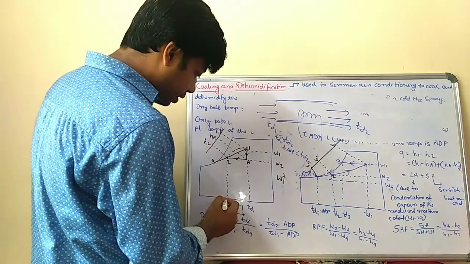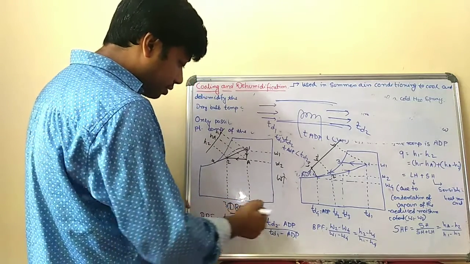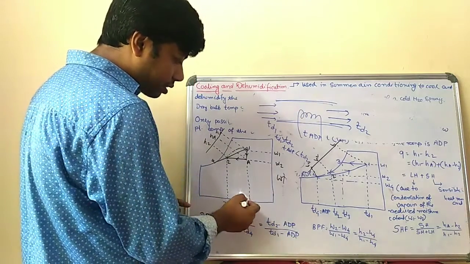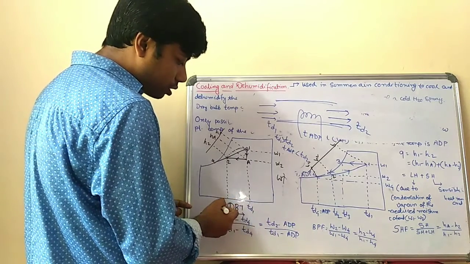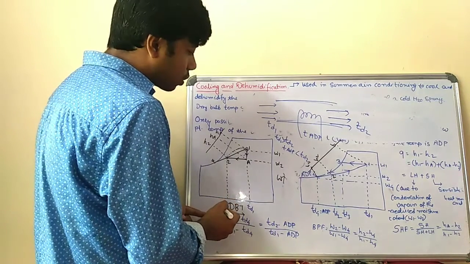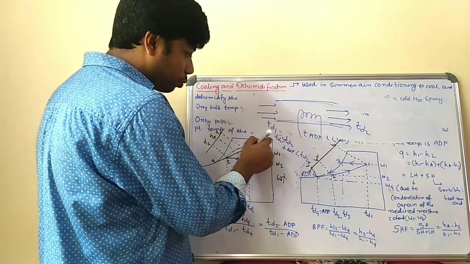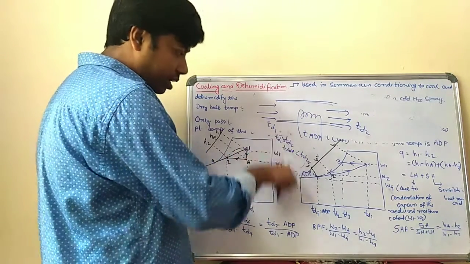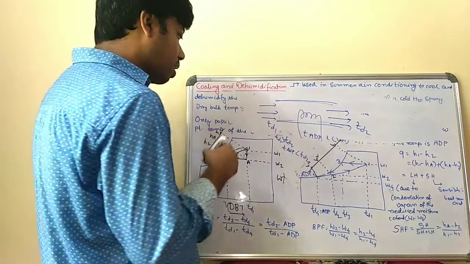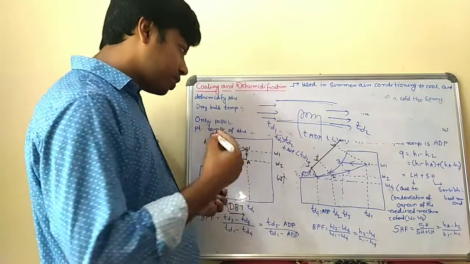As you know, the dry bulb temperature moves from TD1 to TD2, that means the temperature decreases, and similarly the specific humidity also decreases from W1 to W2. In this way, the cooling and dehumidification process is done.